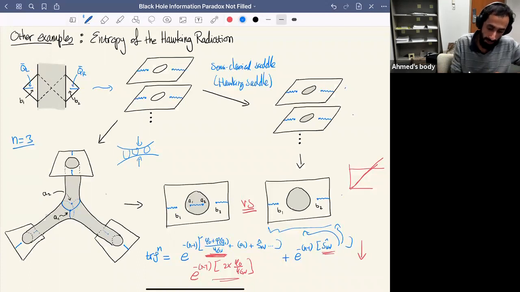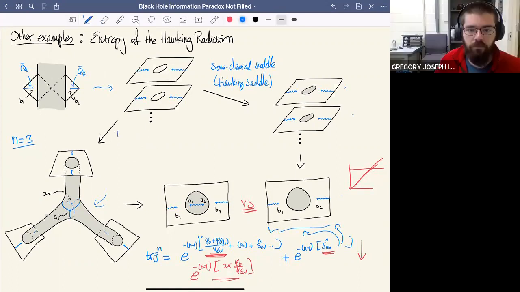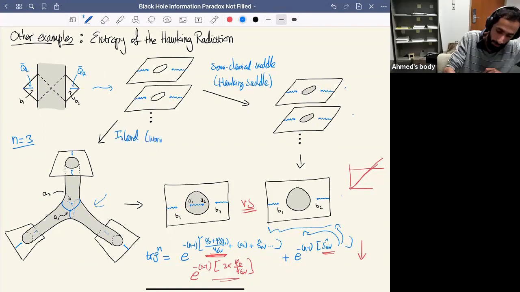So the nice thing about these kinds of wormholes is that there are saddle points, they're macroscopic, they're large, and they don't have such a divergence. I should have emphasized that this thing here is called the island saddle, or sometimes the wormhole saddle. Anyways, I hope that addressed the question.